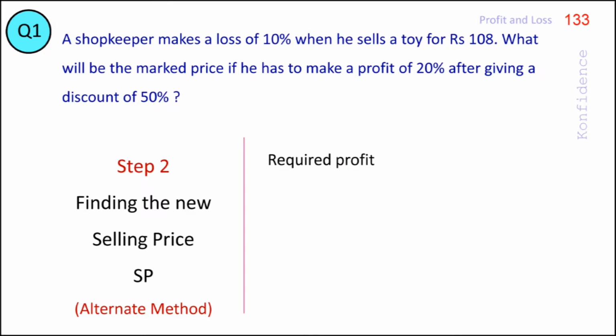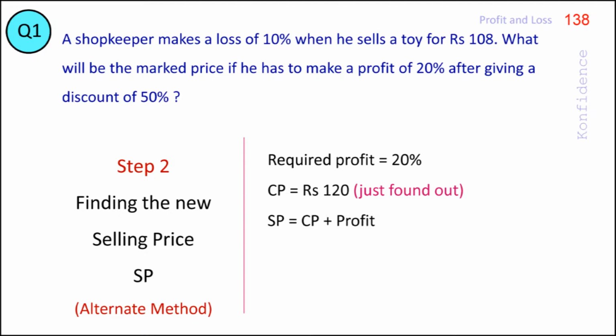We know that the required profit is 20% and we had already found out the cost price CP as rupees 120. As there should be a profit, selling price should be more than the cost price. SP equals CP plus profit.